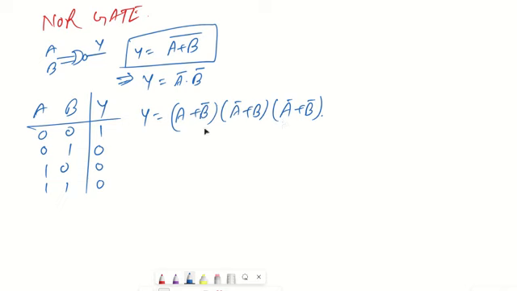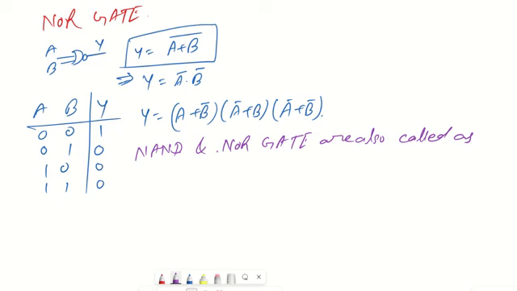Now a very important thing that you have to understand is that the NAND gate and NOR gate are also called universal gates. Why?